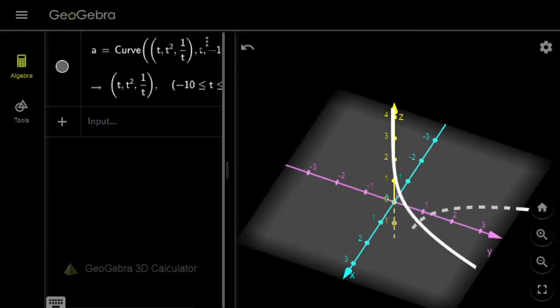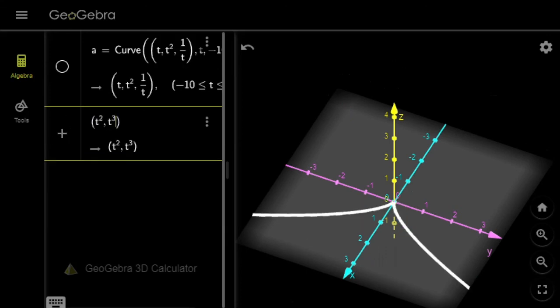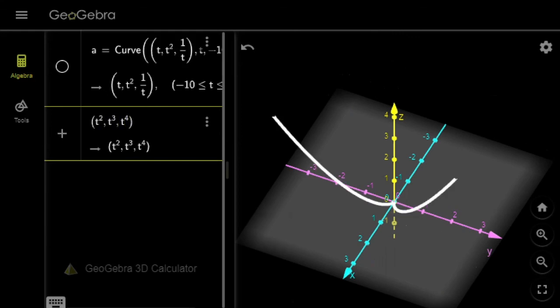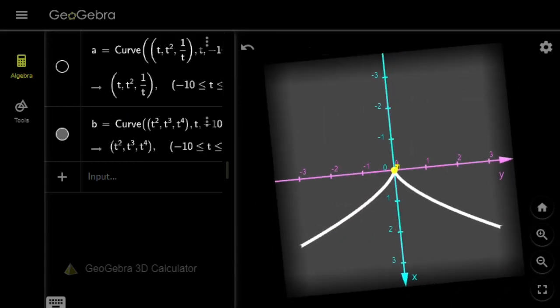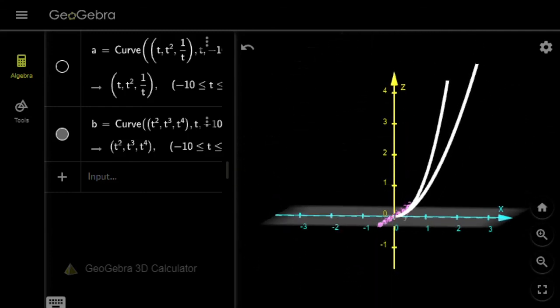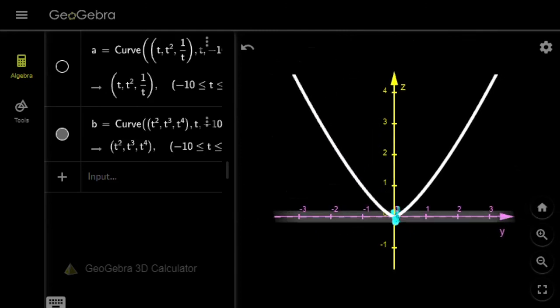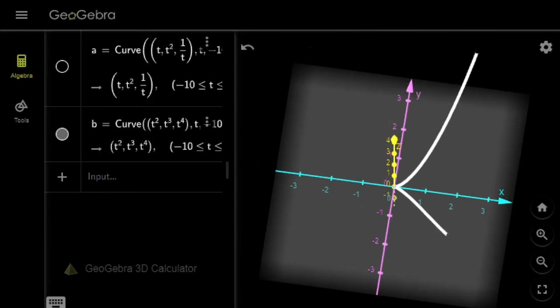All right, let's take a look then at the other one that we wanted to look at. That was t squared, t cubed, t to the 4th power. And here you see a new kind of weirdness going on, because if you look at this curve, it looks kind of pointy. And let's zoom real in on that origin.